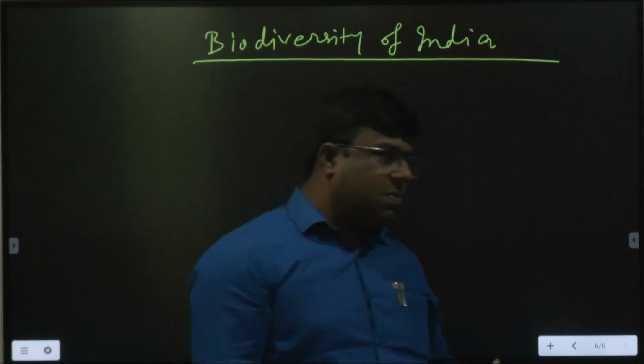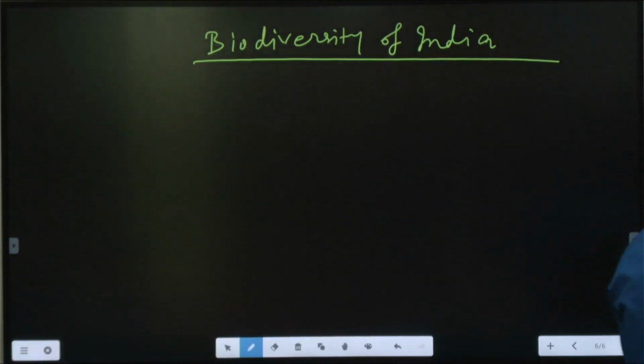Then we talked about the actual scenario of biodiversity of Earth, what is the estimate and what is the known biodiversity of Earth, how it is distributed across Earth, the answer is uneven distribution. We also talked about why this uneven distribution, so we considered various responsible factors.